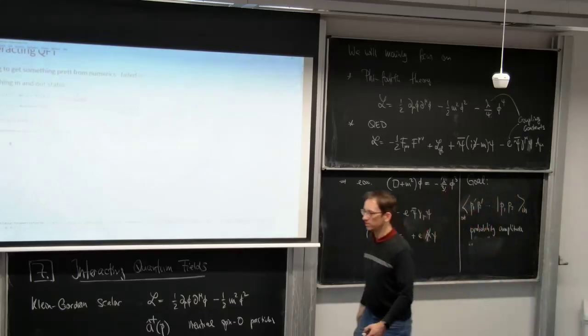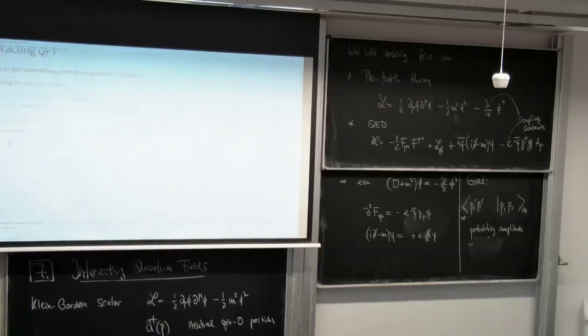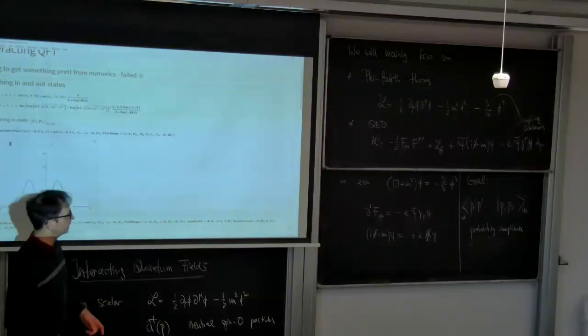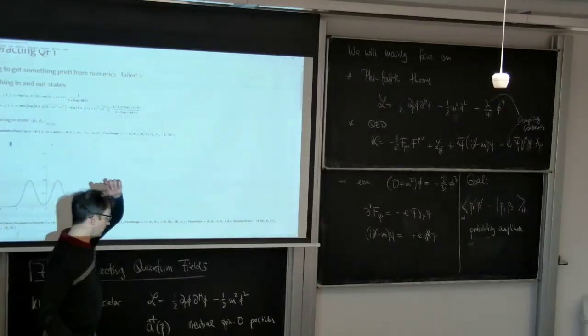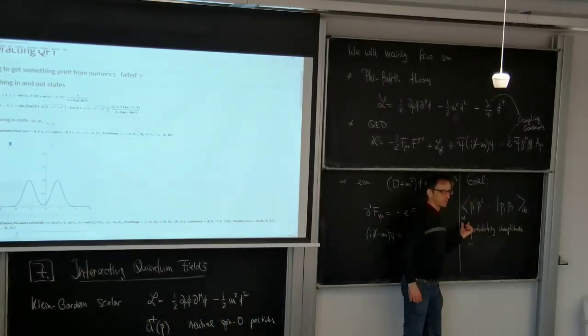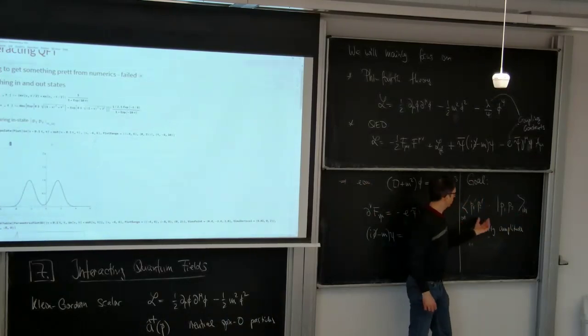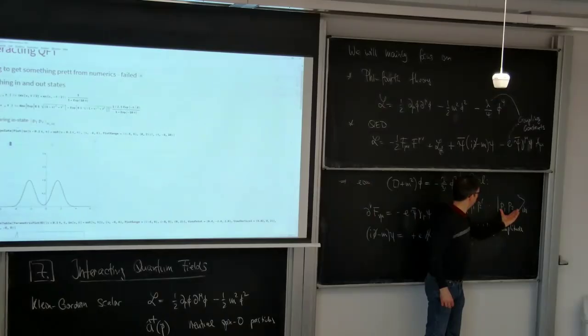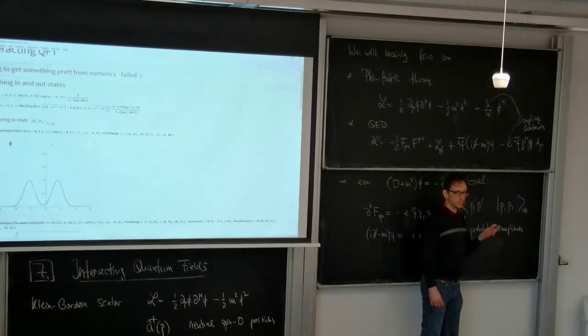And I wanted to show you some pictures, how I like to think of these states, because this in and out is a little tricky and used to confuse me a lot. You think of these as Heisenberg states. These are states that are time independent.